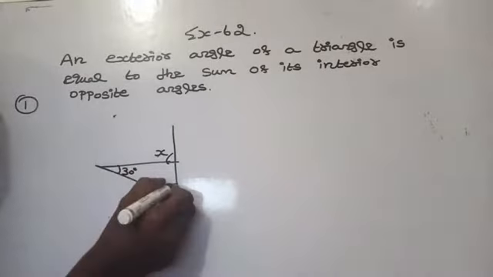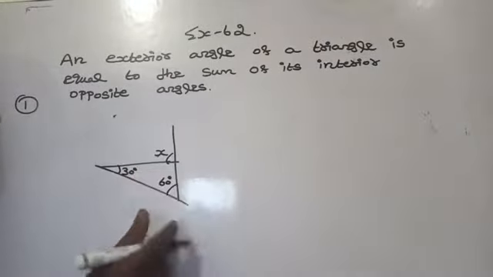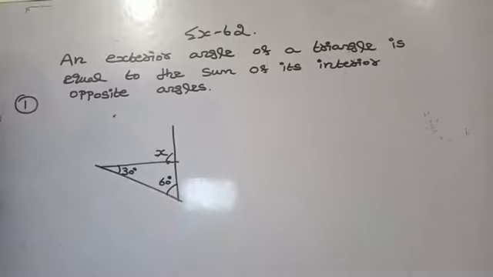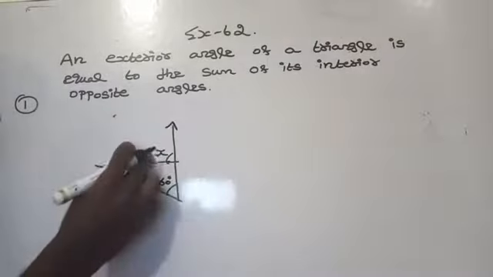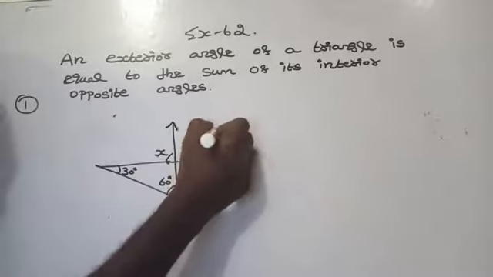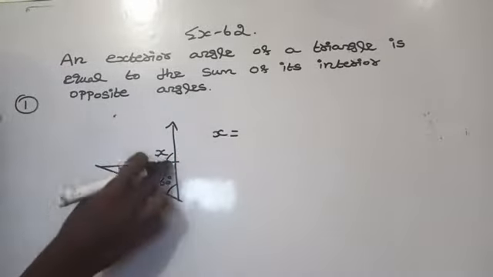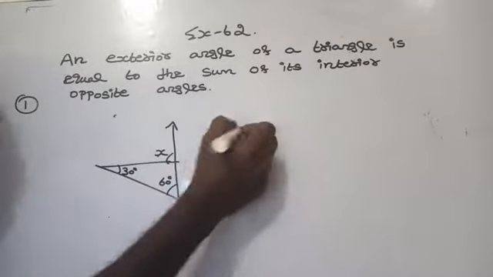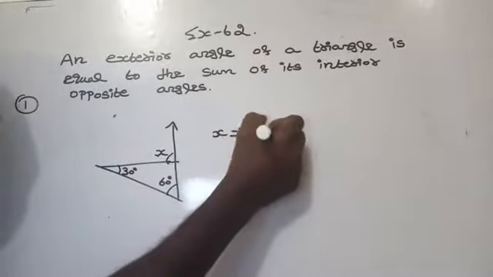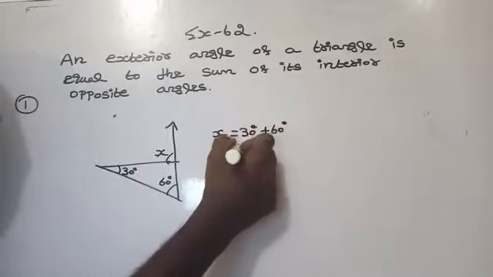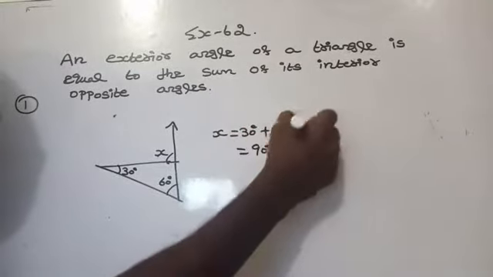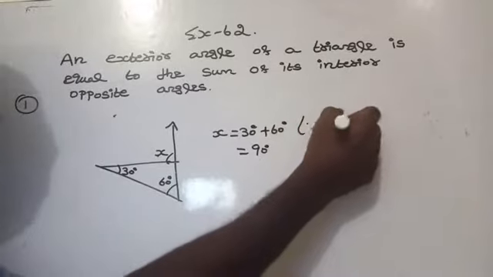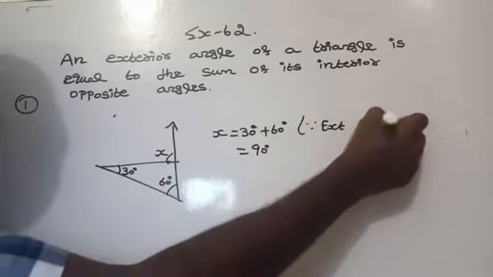It is 60 degree. So it's a right angle triangle. Now the exterior angle is x. It is interior angle. What are the two opposite angles to the interior? 30 degree and 60 degree. So 30 plus 60 is what? 90 degree. Since exterior angle sum property of a triangle.